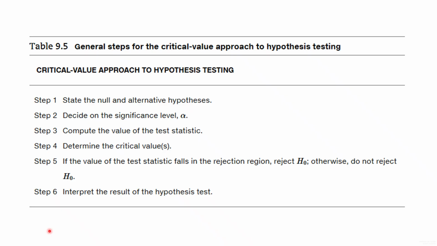Usually that will be given to you in the question, and then you'll compute the value of the test statistic, whatever that happens to be, and then you'll determine the critical values. Finally, you'll take the test statistic and compare it to your critical values, and if the value of the test statistic falls within the rejection region, you reject H0, otherwise you do not reject H0, and then obviously you have to interpret the results with a sentence to conclude.